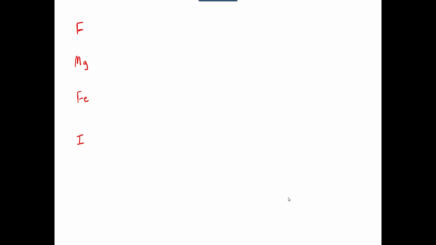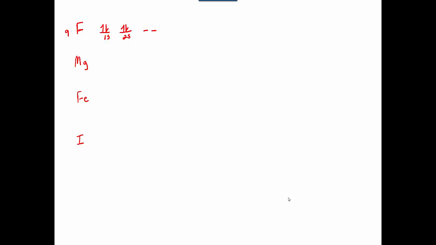Now, fluorine has atomic number 9, so that means 9 protons, and it's a neutral atom, so there are 9 electrons to distribute. We have a 1s, so 2 electrons will go in the 1s. Then we have 2 electrons in the 2s.